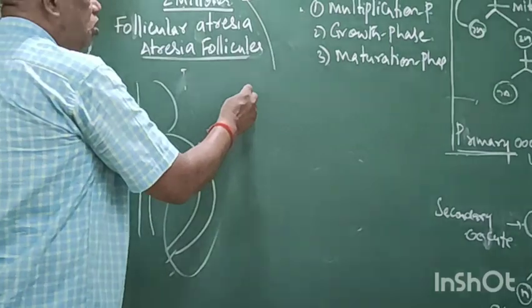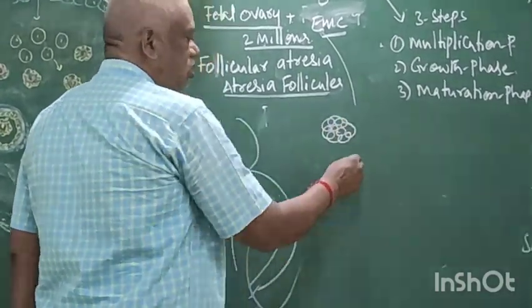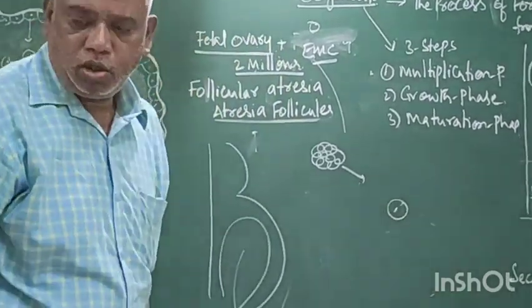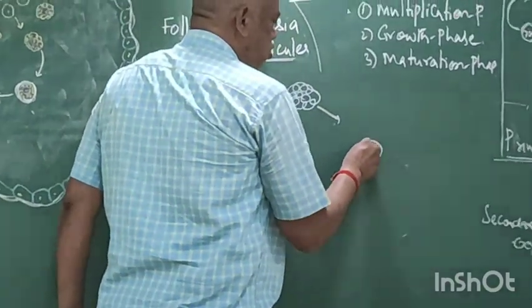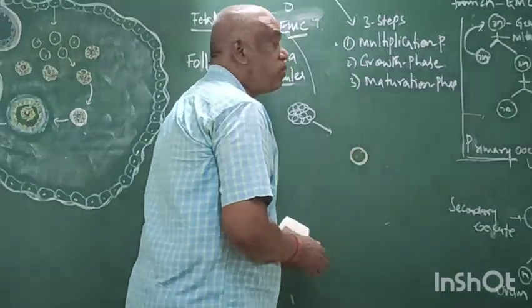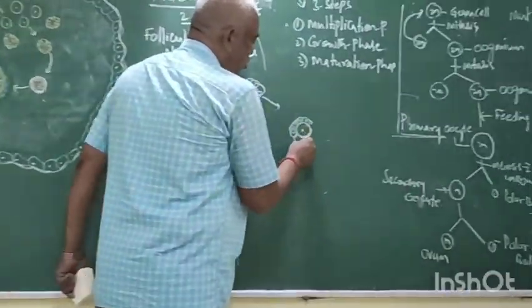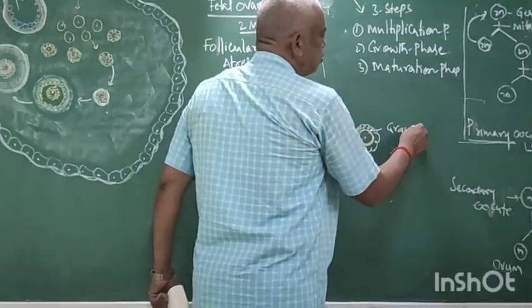Right. Now see, it is a cluster. Now it is the primary oocyte, and these are the granulosa cells.